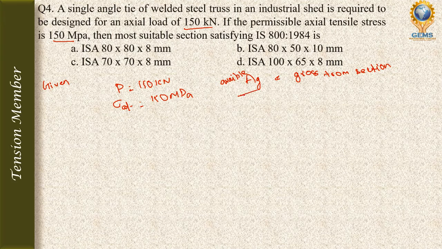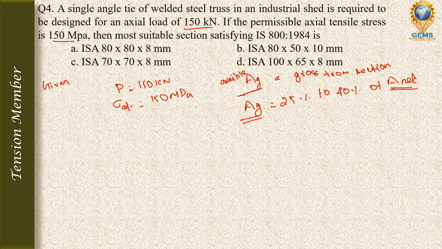How will we find the available AG? We know AG is equal to 1.25 to 1.40 times our net effective area. So if we find the net effective area, we can find the available gross area.